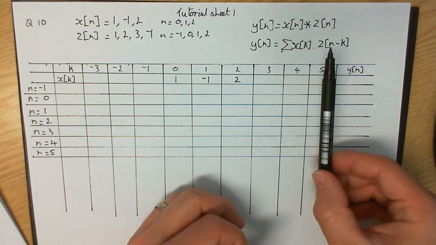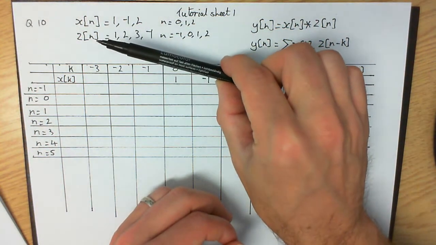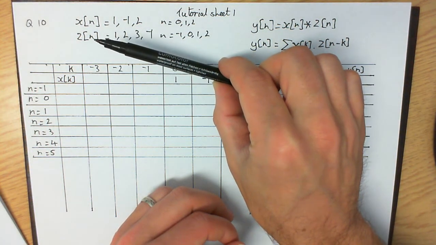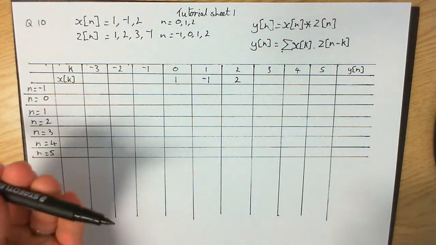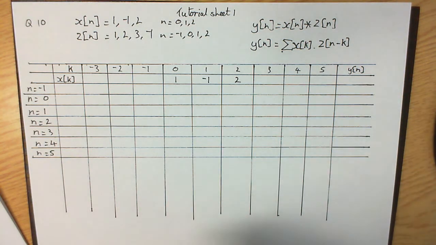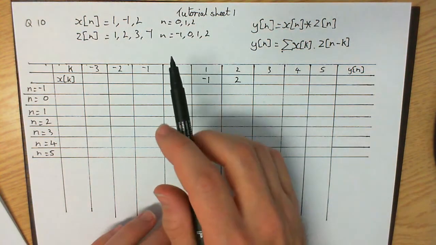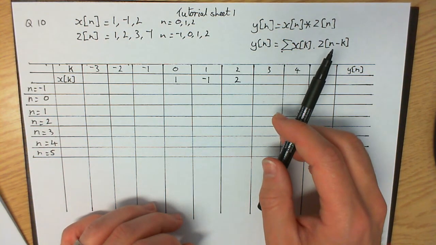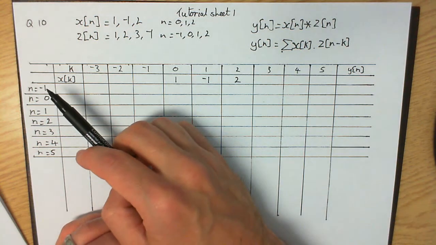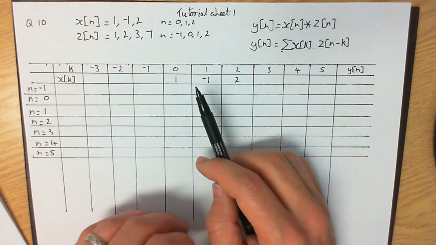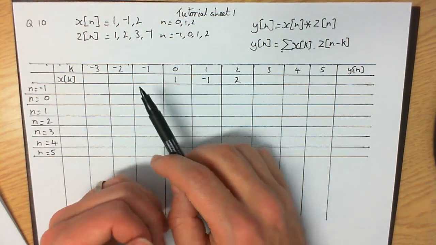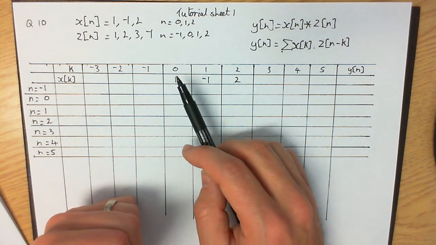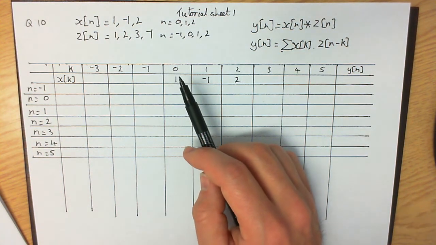This is the one which we're going to flip. So we've got to take our z of n, replace n with k, and then flip it about the y equals 0 axis, and then we're going to shift it to, first of all, n is equal to minus 1. This is so that this is the first value of n in which the two functions actually cross over.